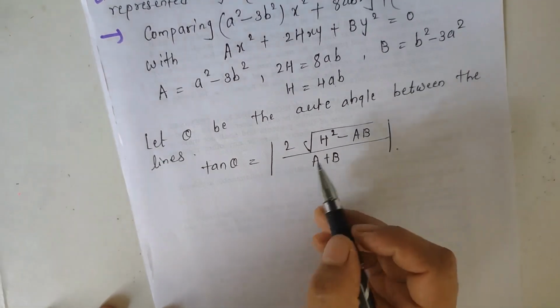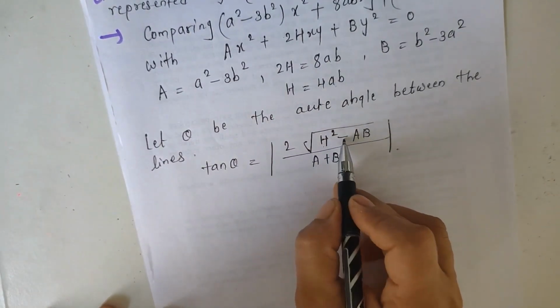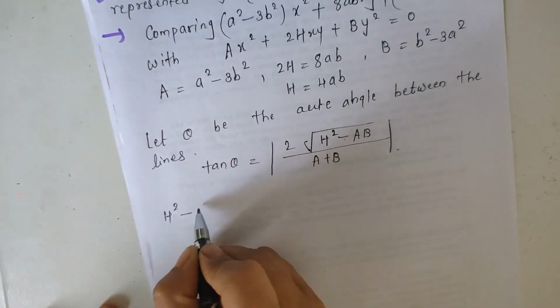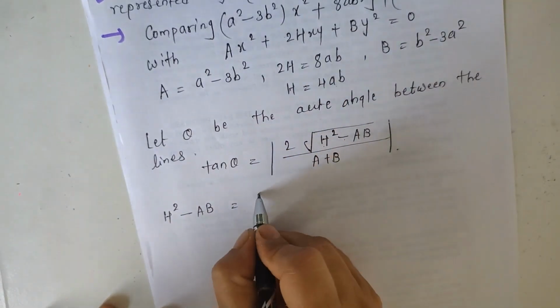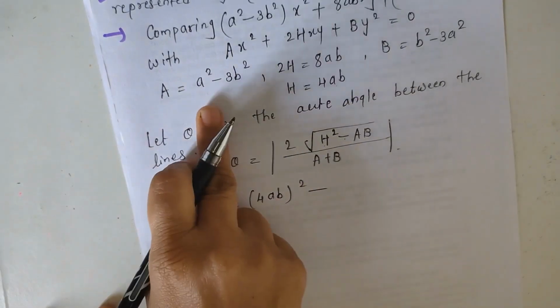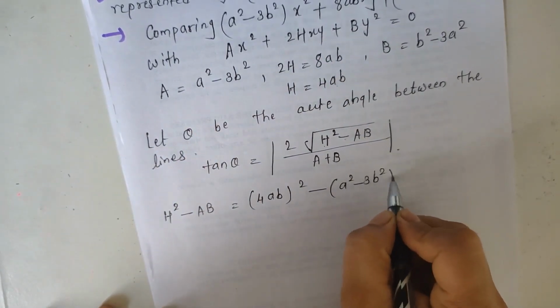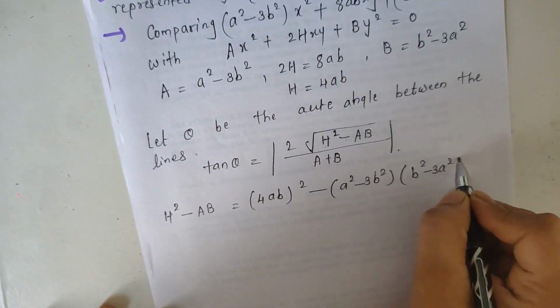Now first, here find out the value of capital H square minus AB separately. So H square minus AB is equal to, H is 4ab, bracket square, minus A into B, A is a square minus 3b square into B is b square minus 3a square.